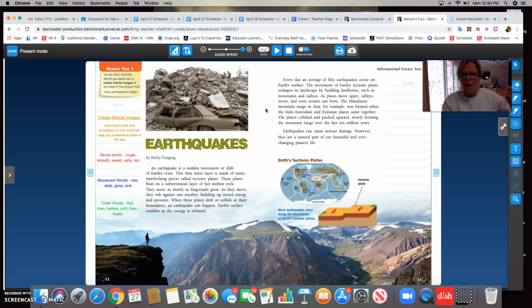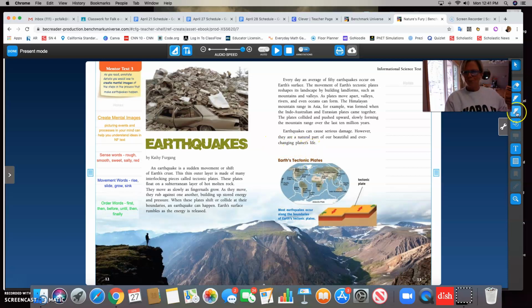The Himalayan mountain range in Asia, for example, was formed when the Indo-Australian and Eurasian plates came together. The plates collided and pushed upward, slowly forming the mountain range over the last 10 million years. Earthquakes can cause serious damage. However, they are a natural part of our beautiful and ever-changing planet's life.